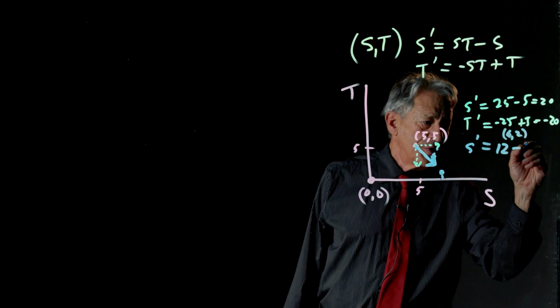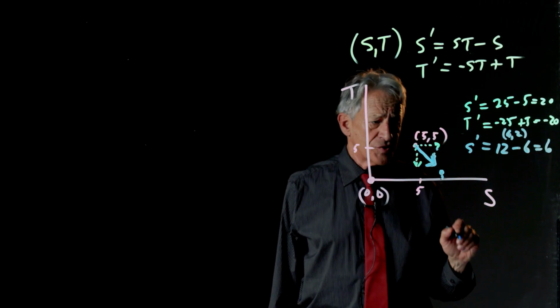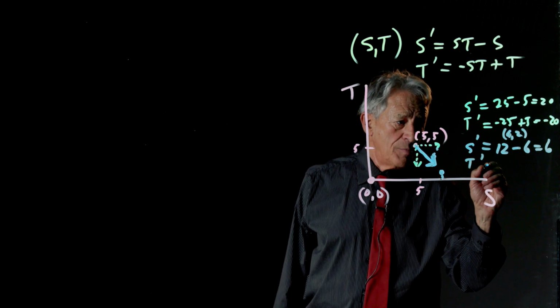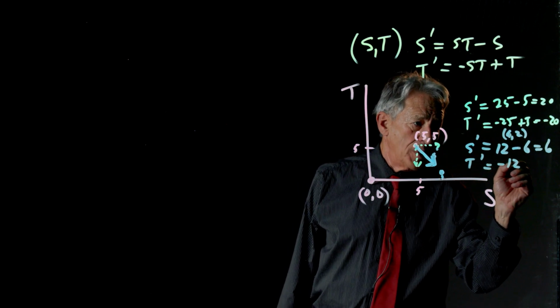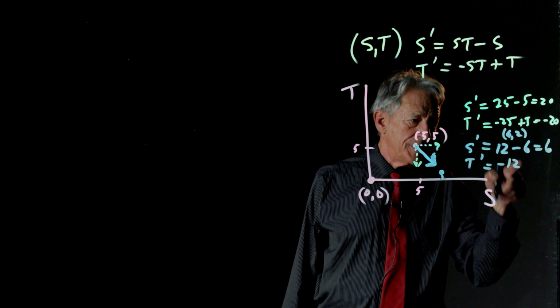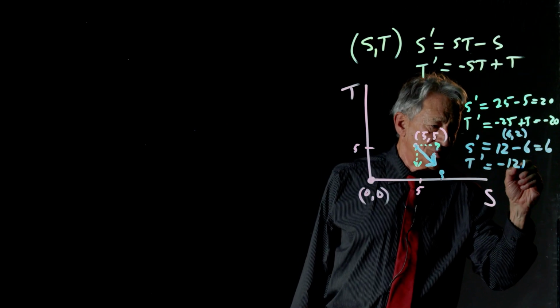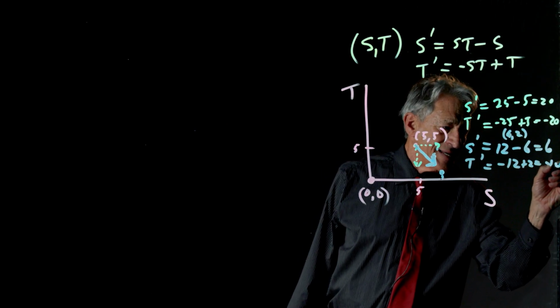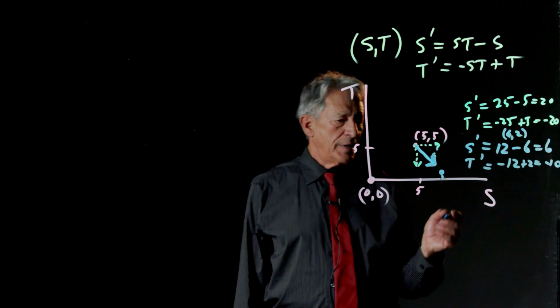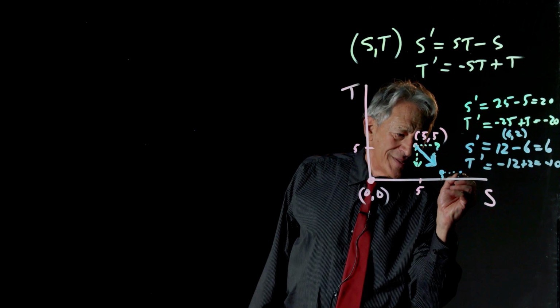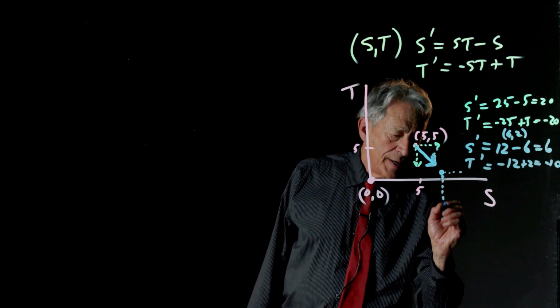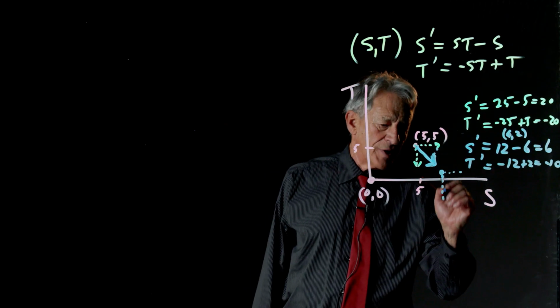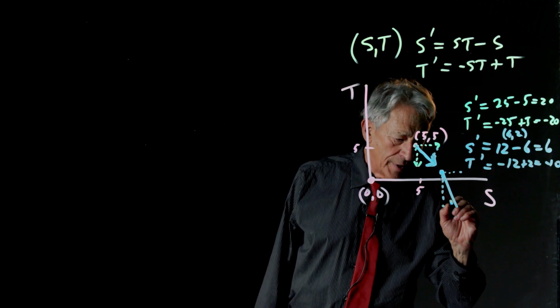Minus S is 12 minus 6, or 6. And T prime is equal to minus 12 minus ST plus T, which is 2, is minus 10. So now we're going to need a change vector of plus 6 in the S direction and minus 10 in the T direction, and that's going to look like that.